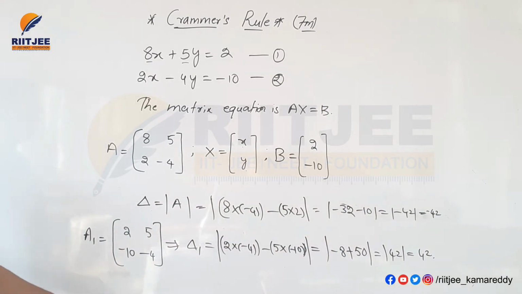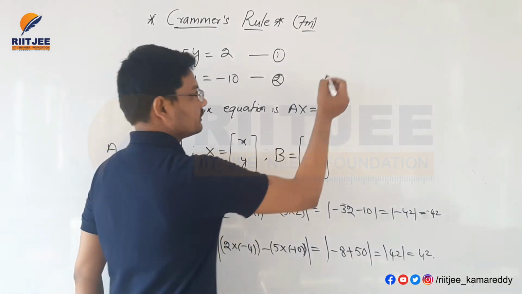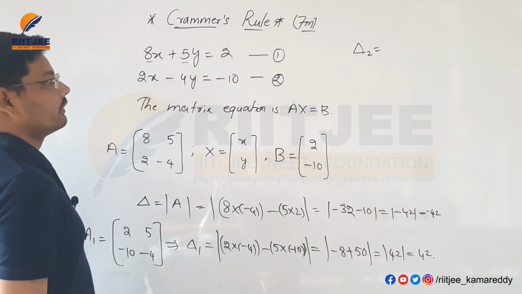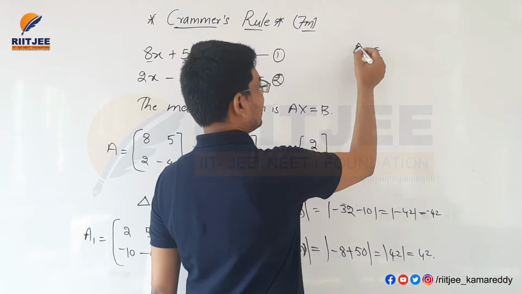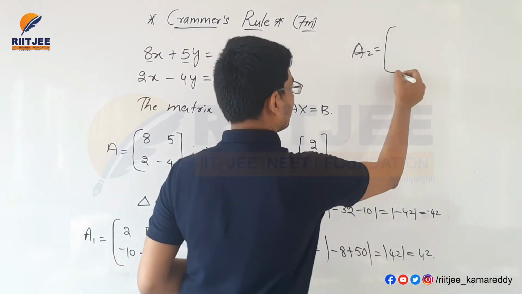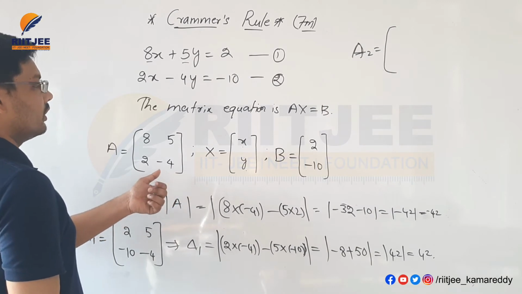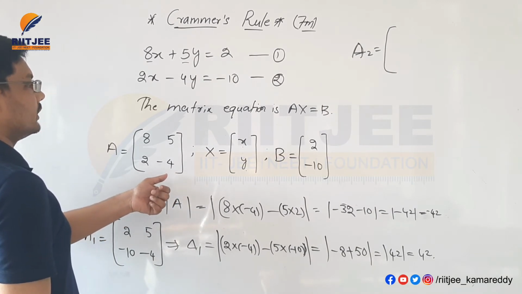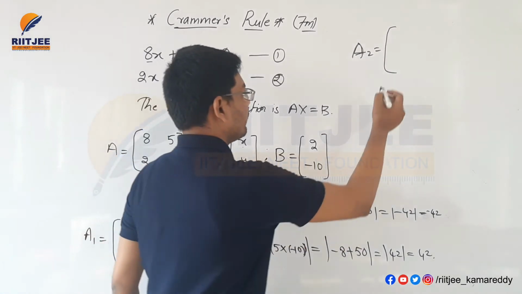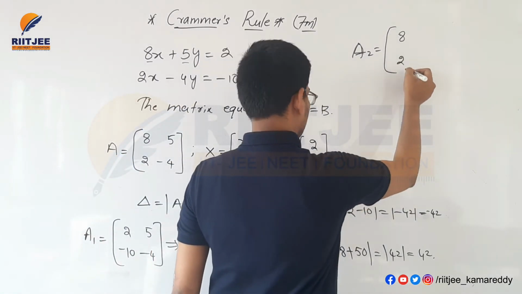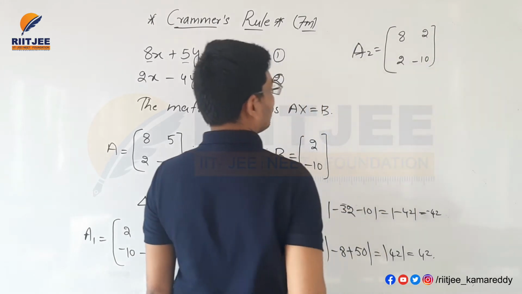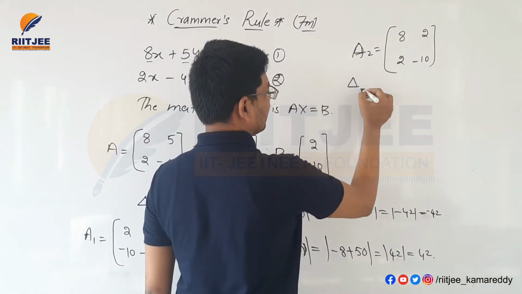Next, let's find the value of delta 2. First we need to frame the A2 matrix by replacing column 2. I am replacing column 2, 5 and minus 4, with 2 and minus 10, keeping 8 and 2 in column 1. The determinant of this is called delta 2.